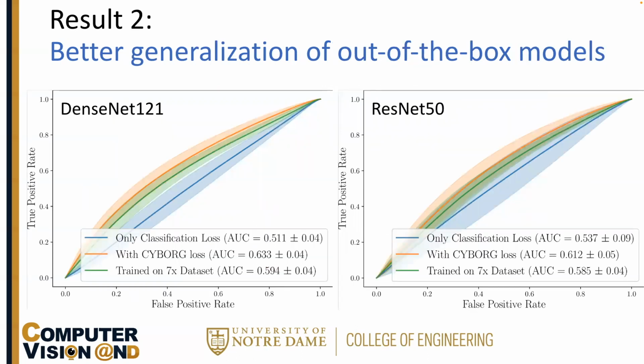On the test set, we also see a significant performance increase when using CYBORG versus using classification loss alone. Additionally, using CYBORG does better than even increasing the training set size by 7 times. So each sample with human saliency is worth more than 7 samples without human saliency.